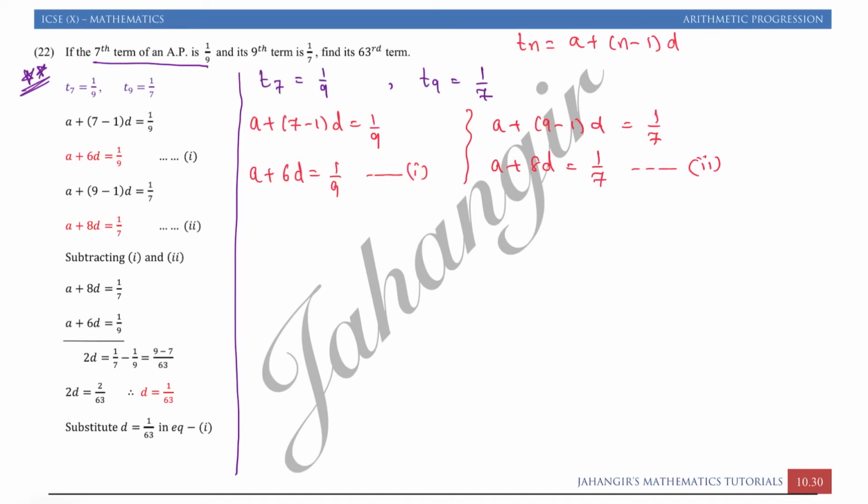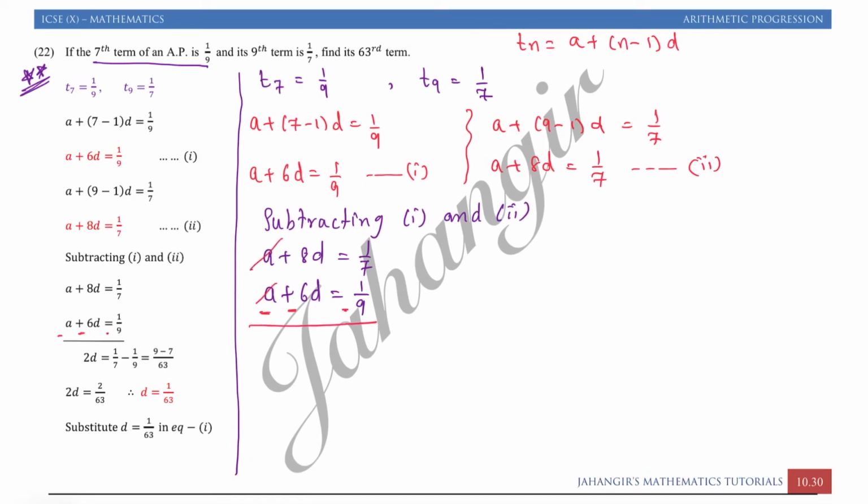Now since we get two simultaneous equations, we can solve. So I can say subtracting equation 1 and 2. So I can write a plus 8d is equal to 1 by 7, a plus 6d is equal to 1 by 9. Subtracting, we are going to change the signs, like here, here and here. It's done over here also.